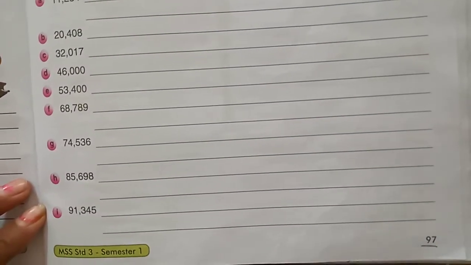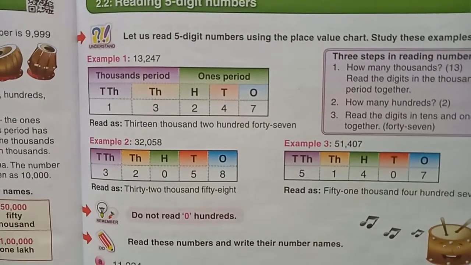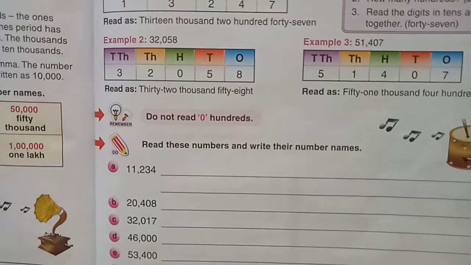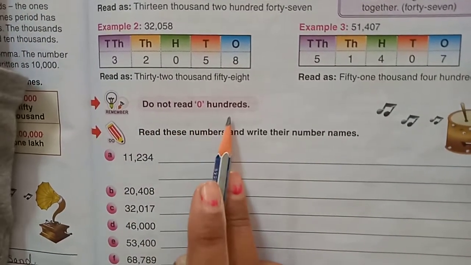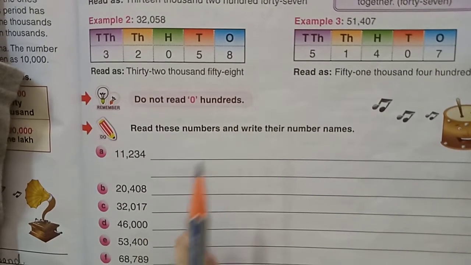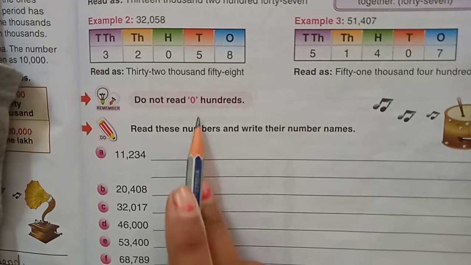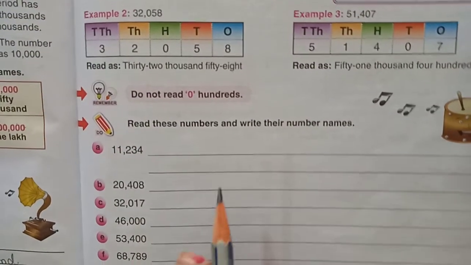See children, page number 97 we are having. Reading 5-digit number. These 3 examples we already wrote on the board. See here, one hint they gave. Do not write 0 hundreds. If you have 0 in the place of tens, ones, 100, 1000, anyway, don't mention it as a 0. Directly we have to write the next number.